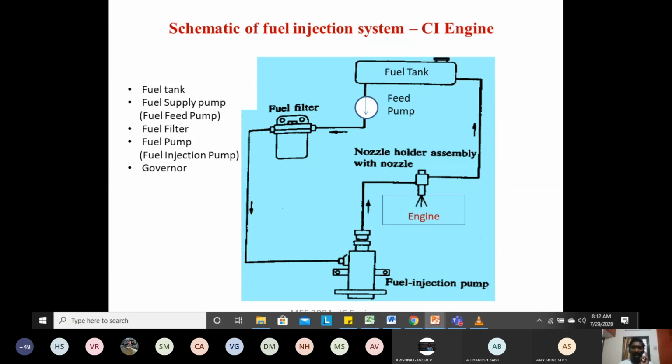So we need to have a governor. So the governor will provide the amount of fuel that is to be injected into the engine cylinder. And finally an injector. So to spray the fuel into the engine cylinder, we need to have a fuel injector or a fuel nozzle. So this is the schematic sketch of the fuel injection system in the case of a CI engine.